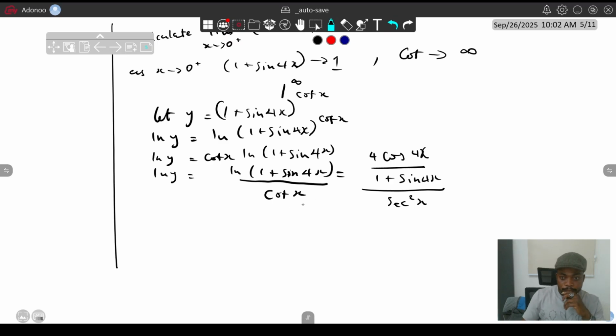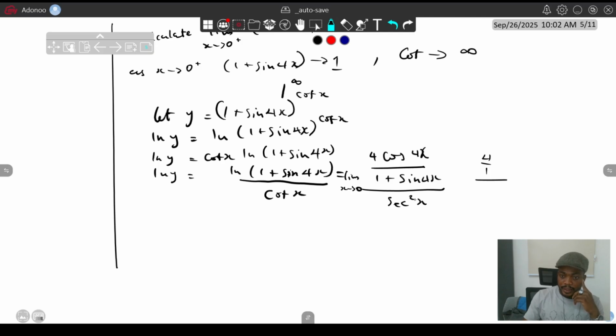All right. So now that we have this, we can now insert our limit points. So we have to find our limit as x approaches 0. And clearly, the numerator gives us 4 over 1, because cos 0 is 1 and sine 0 is 0. So we have 4 over 1 all over sec squared x.